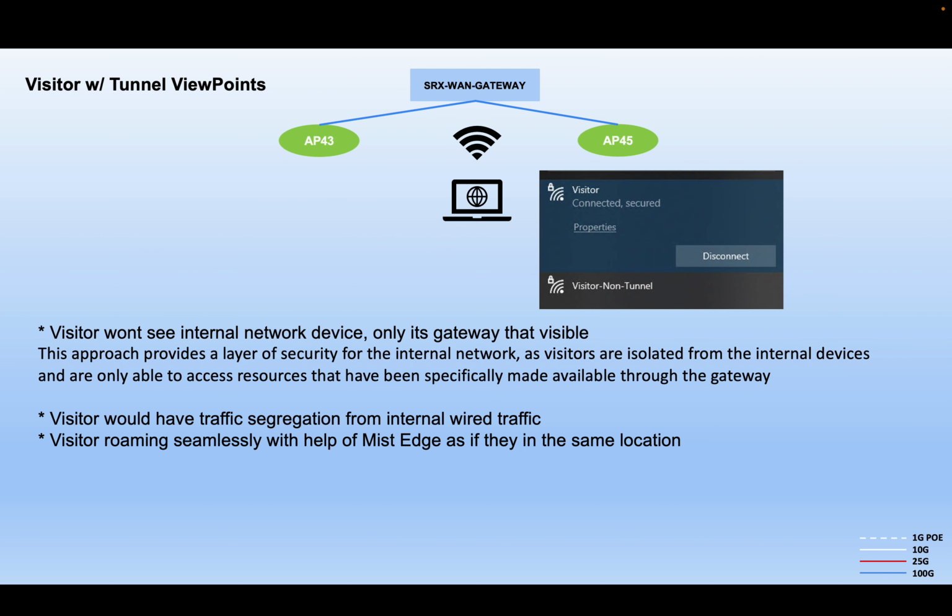This approach provides a layer of security for the internal network, as visitors are isolated from the internal devices and only able to access resources that have been specifically made available through the gateway. Visitors will have traffic segregation from the internal wired traffic. Visitors also roam seamlessly with the help of Mist-H as if they are in the same location.